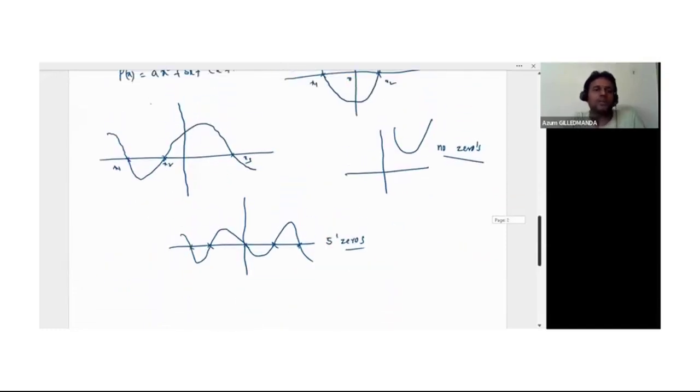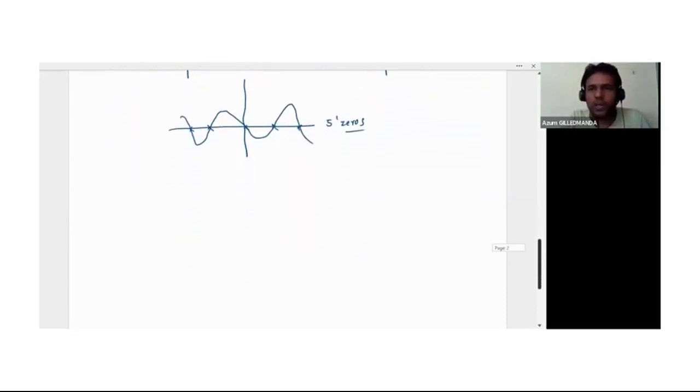And then we looked at various polynomial graphs and the number of points they touch. That will be the zeros of the polynomial. In case it is not touching, then there are no zeros for that polynomial. So that's how we concluded the topic of zeros of the polynomial.